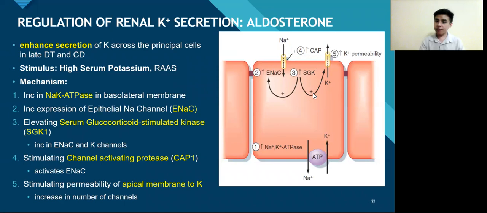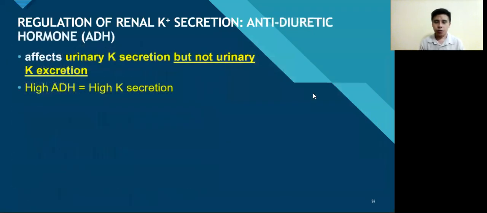By the way, if aldosterone enhances potassium secretion, take note: angiotensin 2 inhibits potassium secretion. Aldosterone enhances potassium secretion, angiotensin 2 inhibits potassium secretion. So those two are the most important regulators of the renal handling of your potassium.